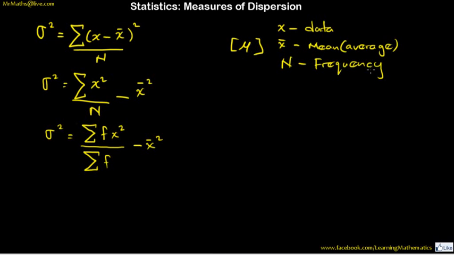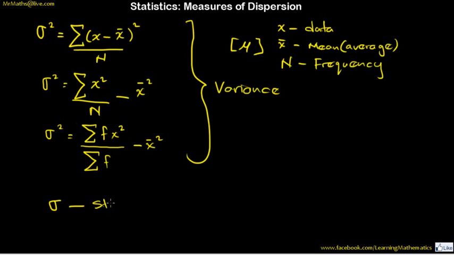So let's take a look at the first formula first. I'm going to show you an example. These are all variance. The other one that I promised to show you is standard deviation. The standard deviation symbol is the small letter sigma.